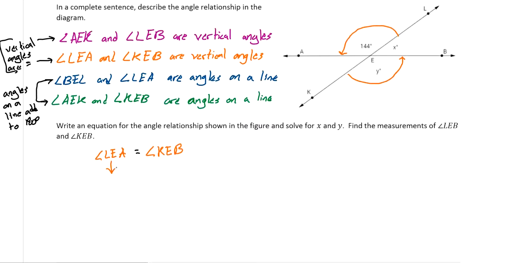Well, what's the measurement of LEA? Angle measure LEA is equal to 144 degrees. For KEB, all they give us is it's y degrees.